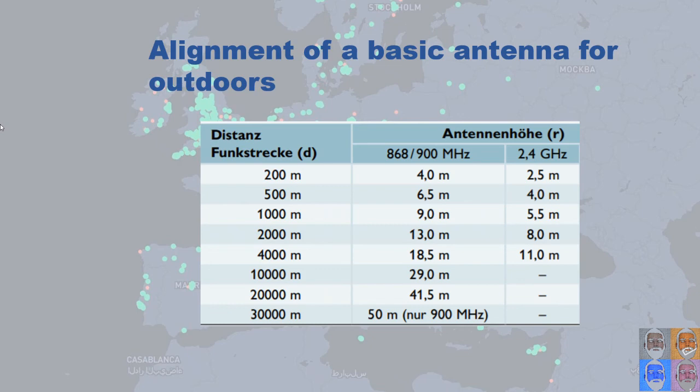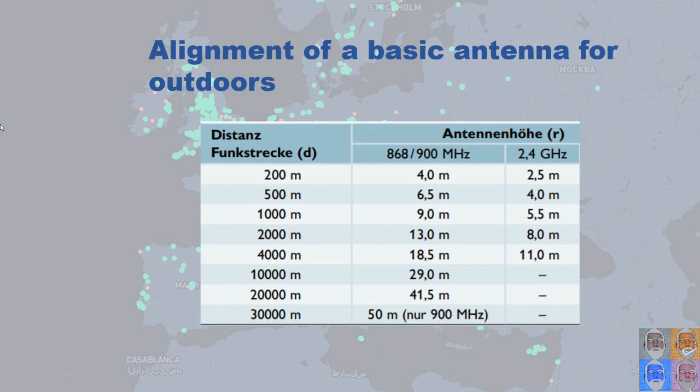Yes, exactly, this is the frequency in Europe, for example. If you're 9 meters high, you have a distance of 1000 meters. Then the higher, the more distance you have.